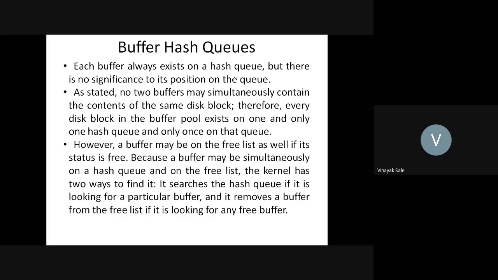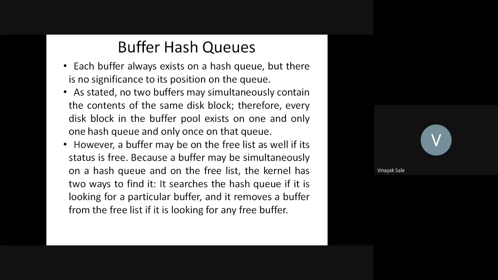There are two ways for the kernel to search for a buffer. It searches the hash queue if it is looking for a particular buffer, and it removes the buffer from the free list if it is looking for any free buffer. First, if it is looking for a particular buffer, it searches the hash queue and removes that buffer.